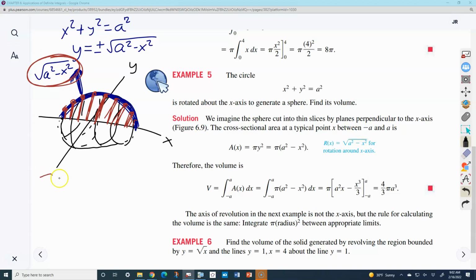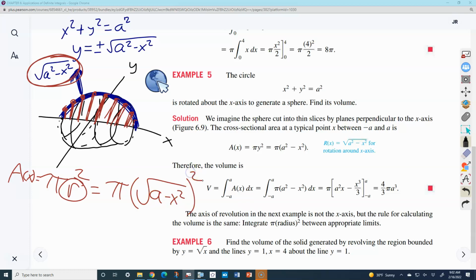So remember, pi r squared gives us the area as a function of x, where I need to get r as an expression in x. So in this case, it would be pi times the square root of a squared minus x squared, squared.